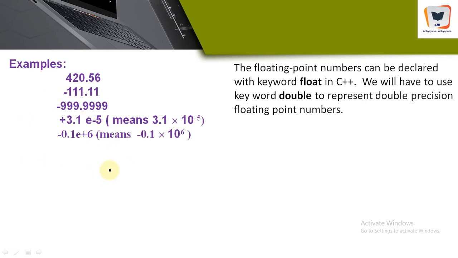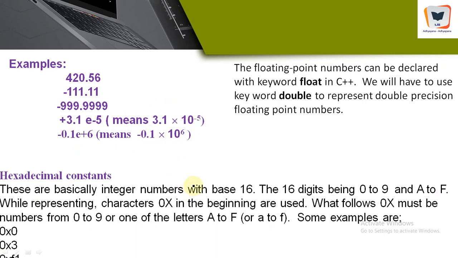These are examples of floating point numbers: 420.56, minus 111, plus 3.1e minus 5, meaning 3.1 into 10 to the power of minus 5, and minus 0.1e plus 6, meaning minus 0.1 into 10 to the power of 6. This is too big a value, this is too low a value.